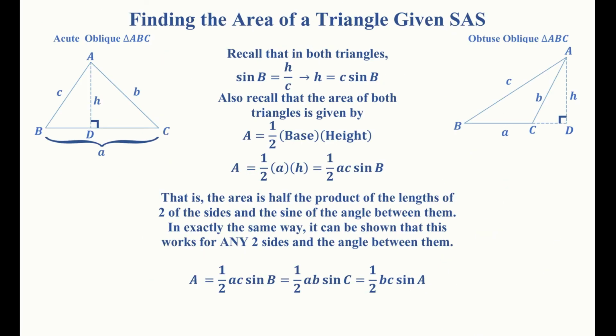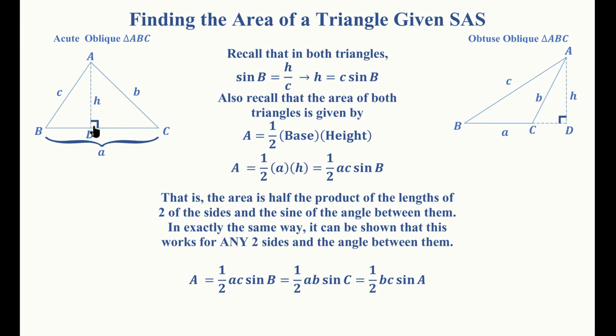All right, one very nice and quick application of the law of sines is giving us the ability to find the area of a triangle if we have two sides and the angle between them. And the reason for that is if you observe either one of those graphs, what analysis we do here applies to both the acute and the obtuse cases.